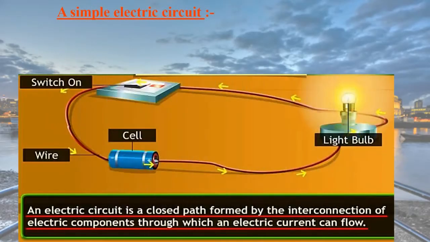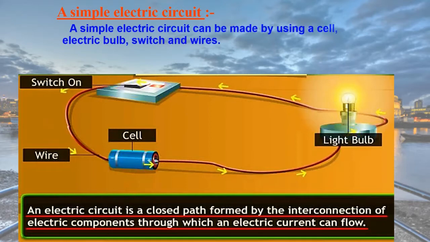We have also learned about a simple electric circuit. Now, a circuit is a very integral part of producing energy. In an electric circuit, you need to have some very important components, like a cell, electric bulb, switch and wires.